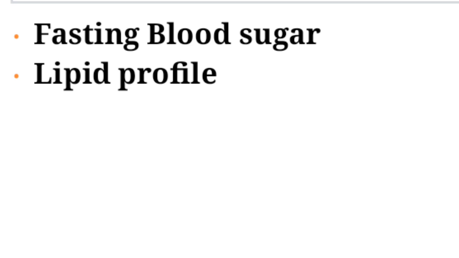Sample for some of the biochemistry tests like glucose, lipid profile, etc. should be collected after overnight fasting, usually in the morning. Other biochemical tests like sodium, potassium, chloride, bicarbonate, BUN, creatinine, calcium, etc. does not require fasting.